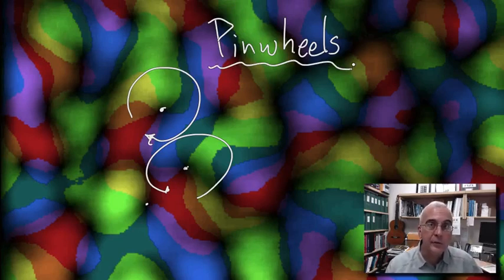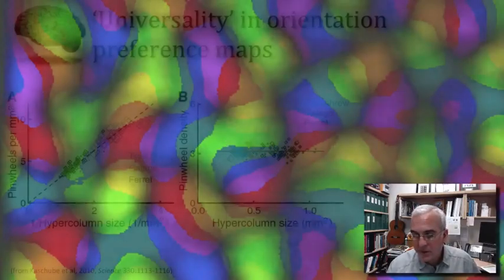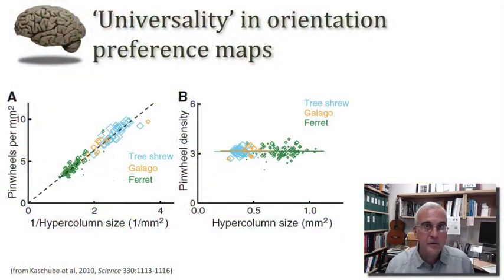And in some work that I was privileged to participate in with some collaborators who are theoreticians and computational neuroscientists, what we were able to do is to examine a large set of orientation preference maps from different species. And we did a fairly simple analytical procedure, although it was not trivial to perform this. What we did was we simply assessed the density of pinwheels in the visual cortex.